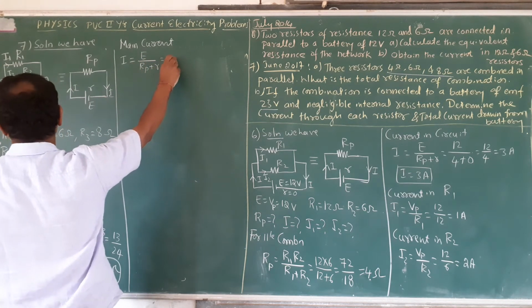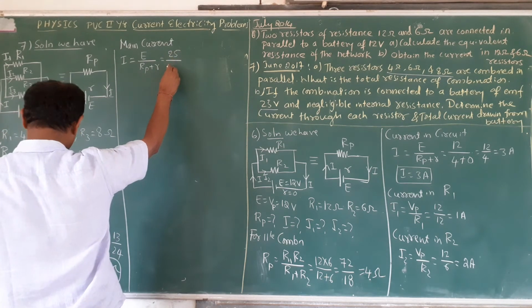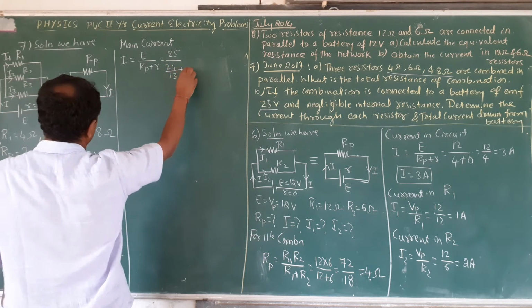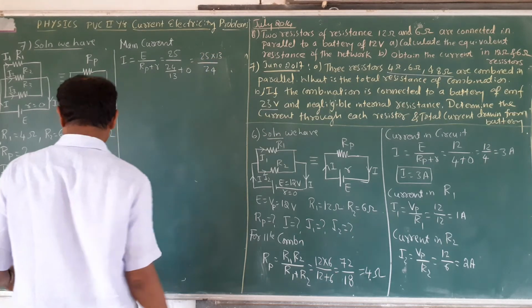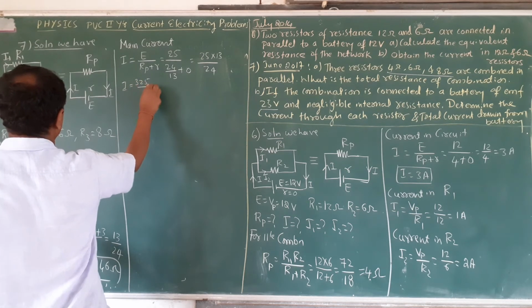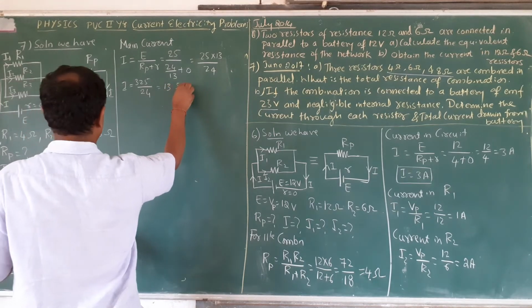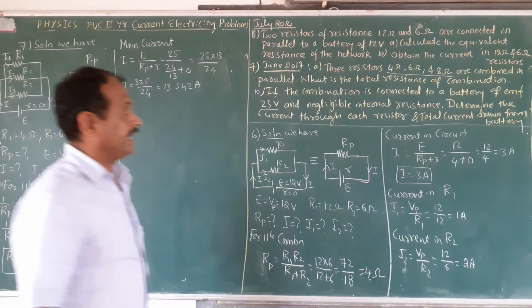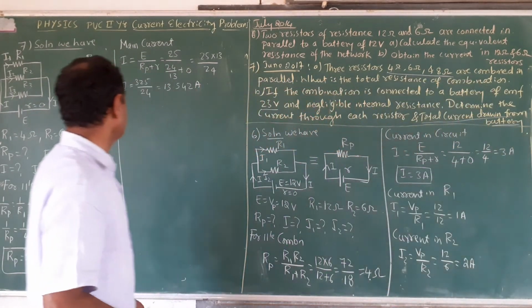E is 25, Rp is 24 divided by 13, plus 0, so it is 25 into 13 divided by 24. I is equal to 325 divided by 24. This is 13.543. Correct. This is said to be the main current. It means the total current of the battery.